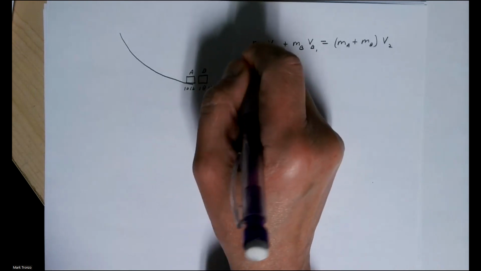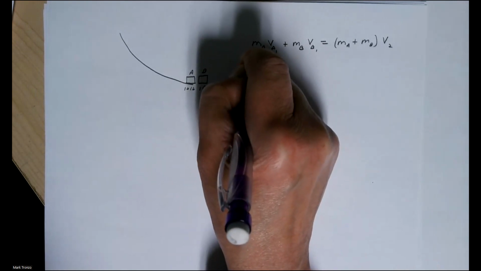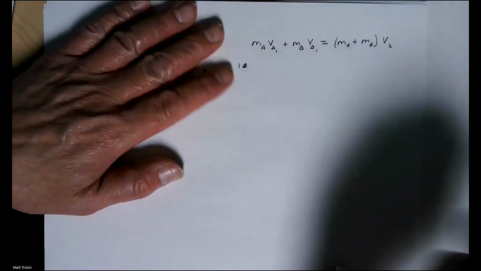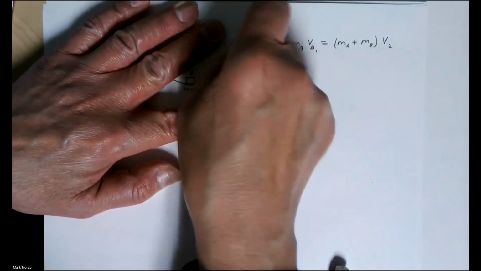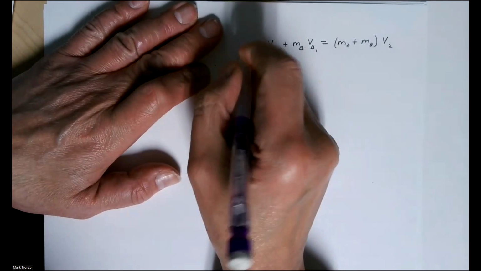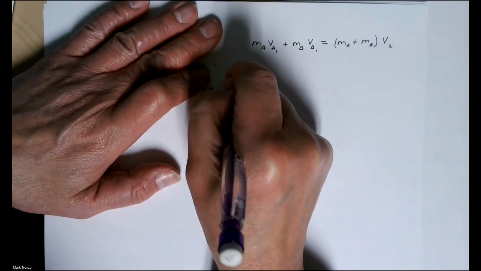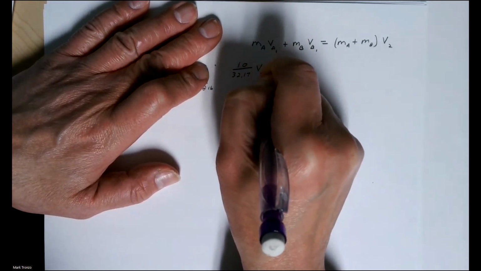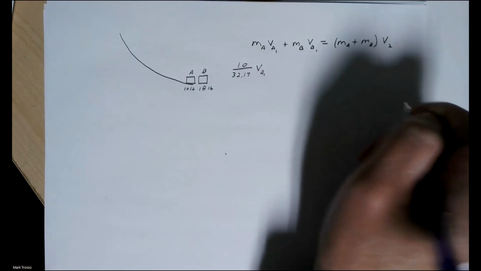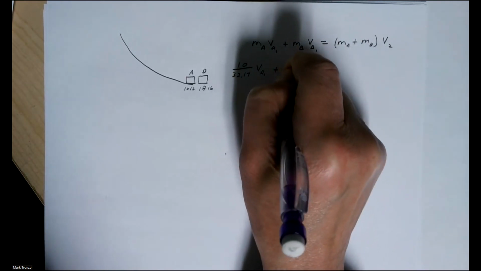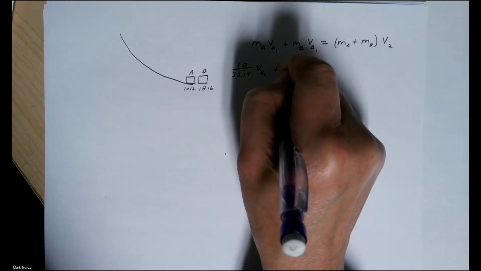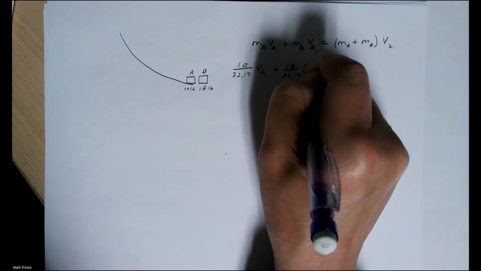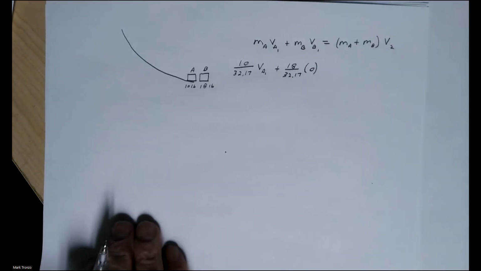Now we know the mass of A was 10 pounds divided by 32.2, or maybe 32.17, for gravity, times the velocity of A1, let's call it. Then B has 18 pounds divided by 32.17. Now, the velocity of B, it was at rest just before impact.